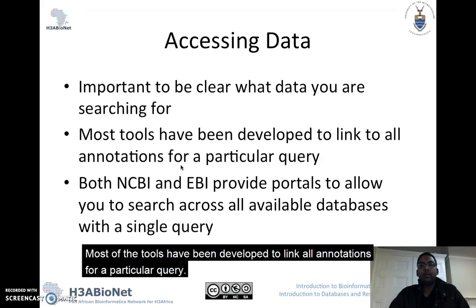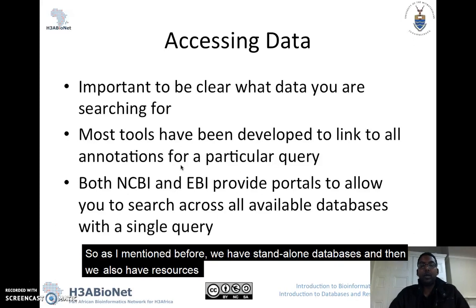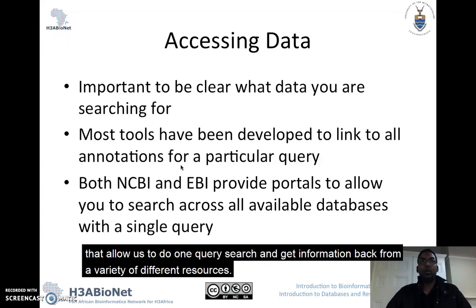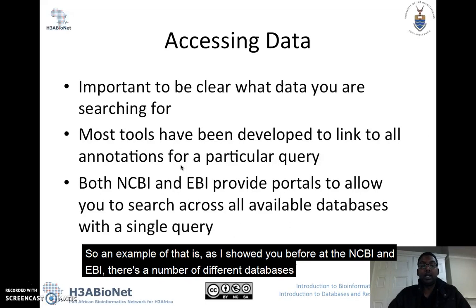Most of the tools have been developed to link all annotations for a particular query. So as I mentioned before, we have standalone databases, and then we also have resources that allow us to do one query search and get information back from a variety of different resources. An example of that is, as I showed you before, the NCBI and EBI.